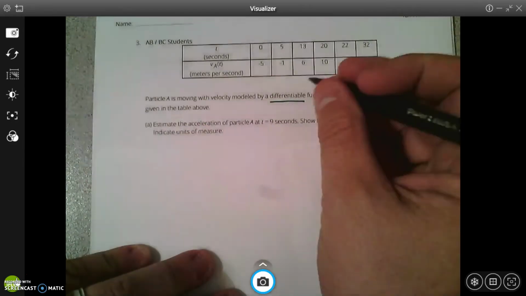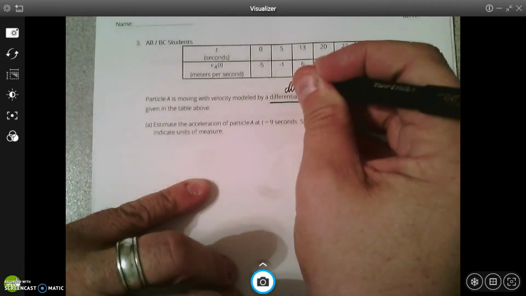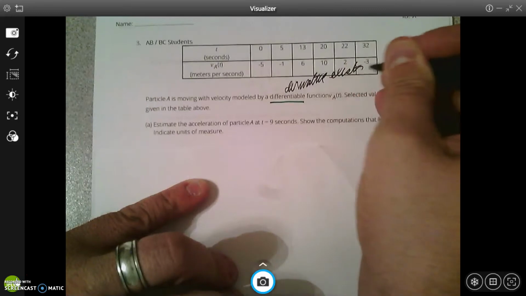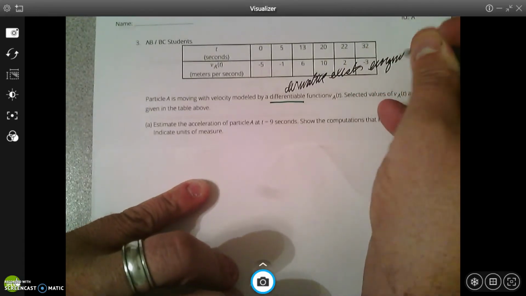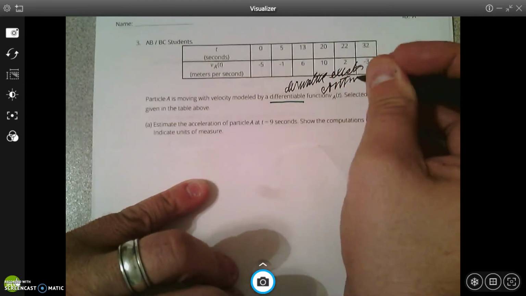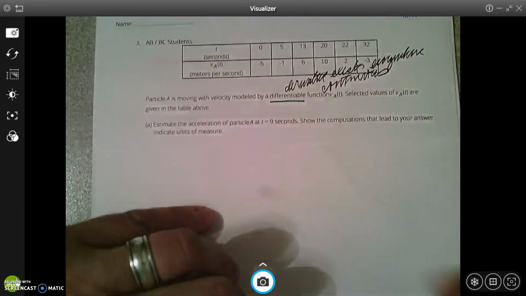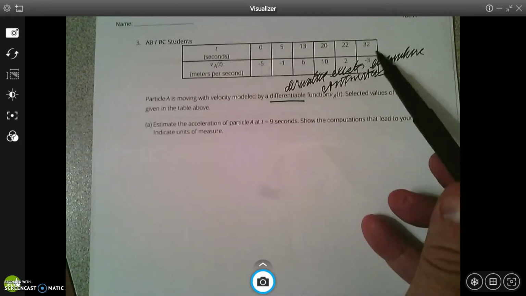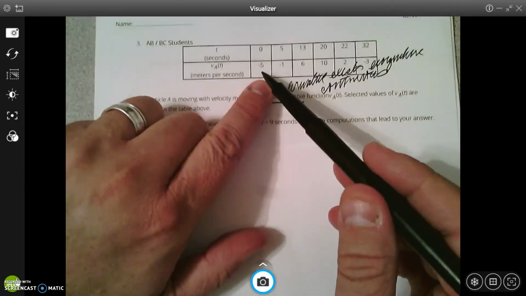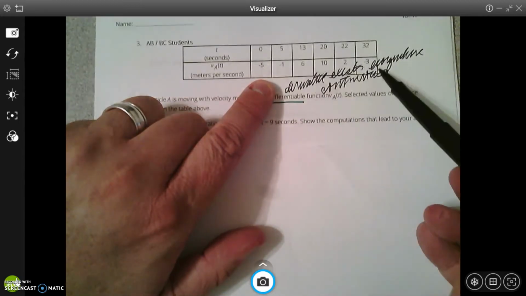So I want to remember that differentiable means that the derivative exists everywhere and that the function is going to be continuous. Now, all we have are some data points. We don't know for sure what the function is doing in between these points.